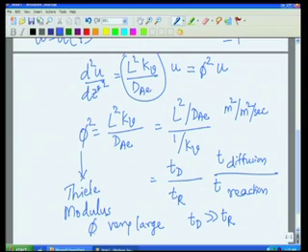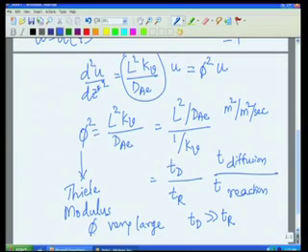Another way of putting that would be diffusion is a slow phenomenon compared to reaction. So, phi value very large would imply that diffusion is controlling. Remember our idea that whoever is slow controls. So, here if the characteristic time for diffusion is much larger than the characteristic time for reaction, diffusion is a slower process. So, diffusion must be controlling.